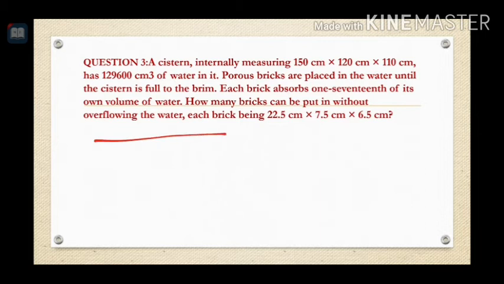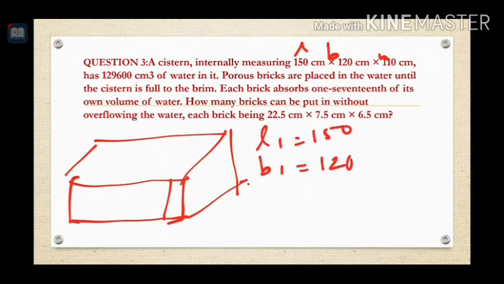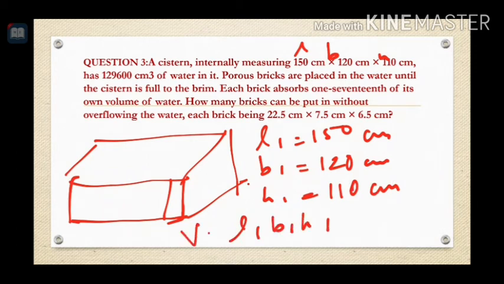So as you can see, the piston is in the shape of a cuboid where the length, breadth and height are given. So L1 is given 150, B1 is given 120 centimeter and H1 is given as 110 centimeter. So by the L1, B1, H1 formula, you can easily find the volume of this piston.